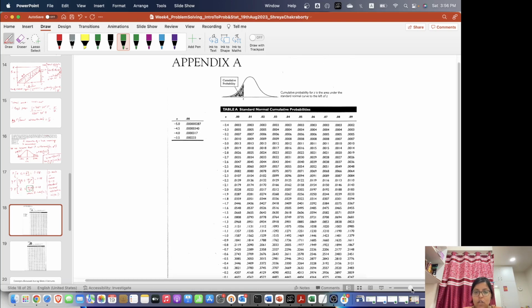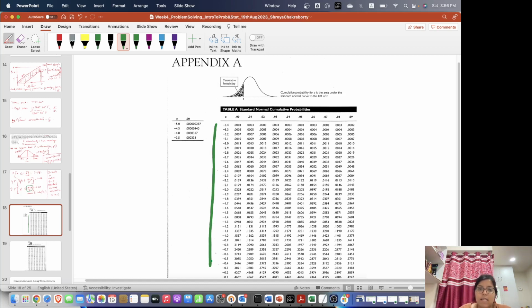You'll be given something like this. The values that we have on our left, which I highlighted with green, are the Z scores.